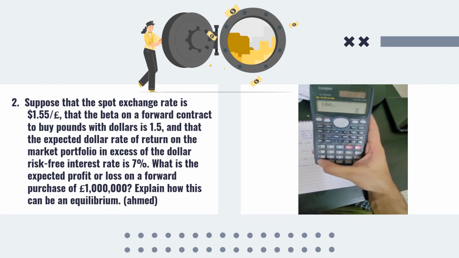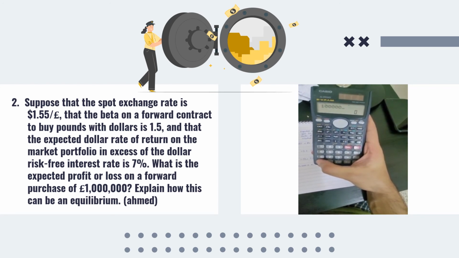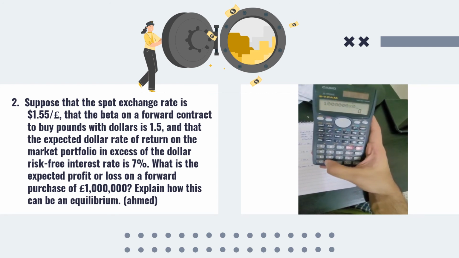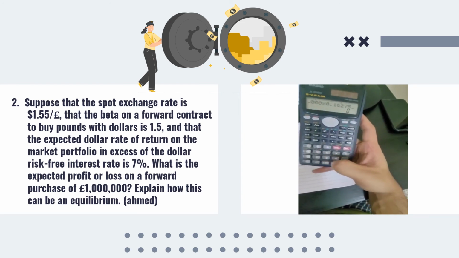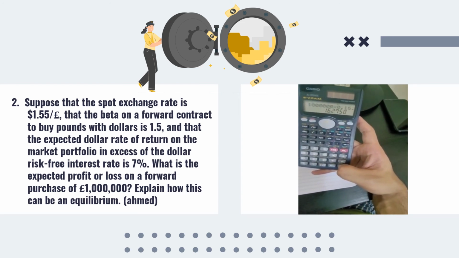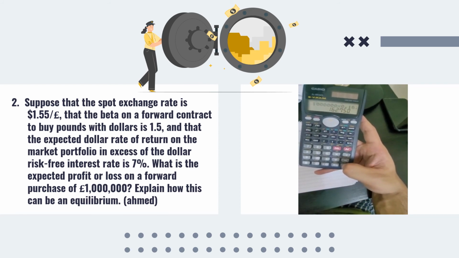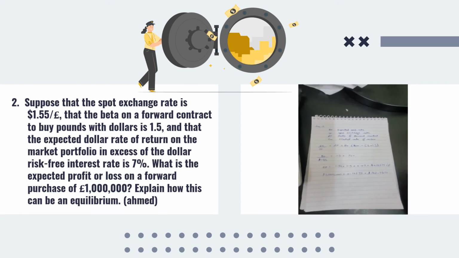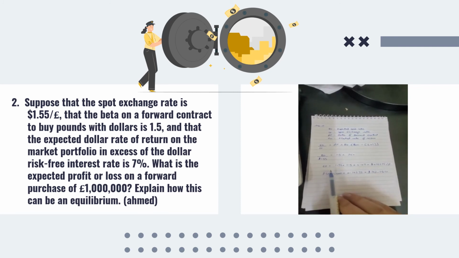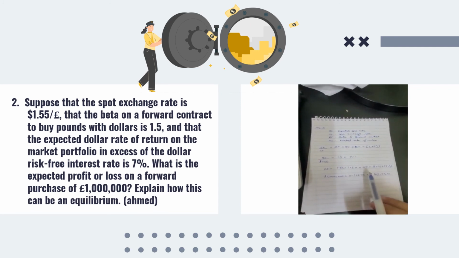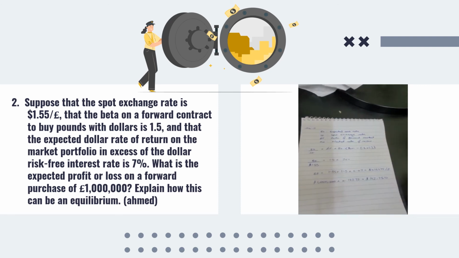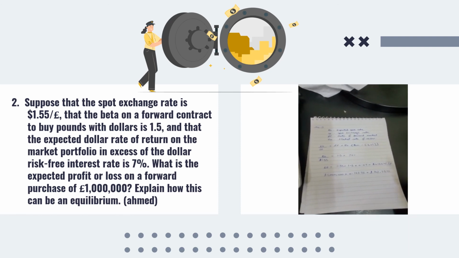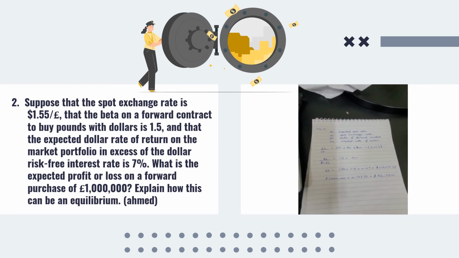When you multiply this, you get $162,750. Therefore the purchase of 1 million pounds will give us a profit of $162,750. Hence it is an equilibrium, since it gained.